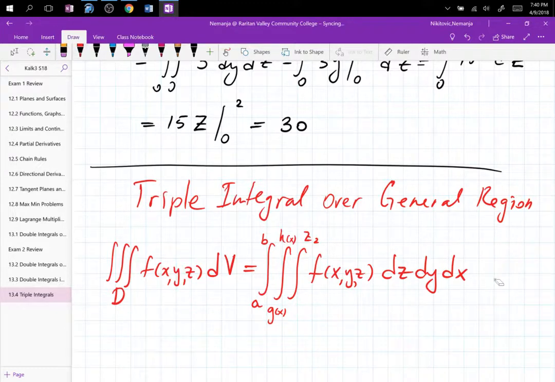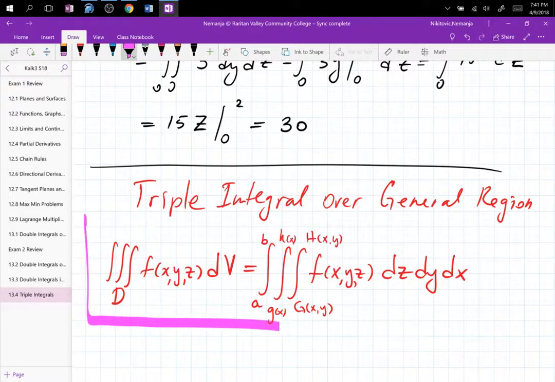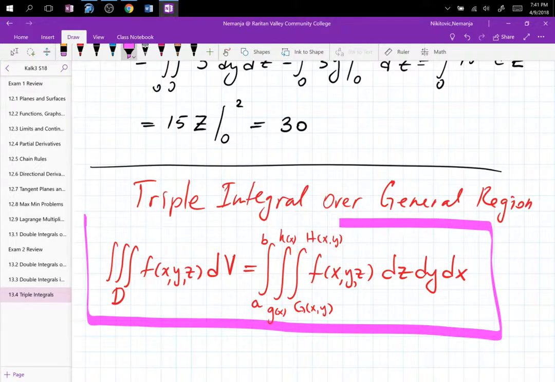And the inner function z is a function of x and y, so that's going to be capital G of x, y and capital H of x, y. So as you can see, there is a methodical way to build this.